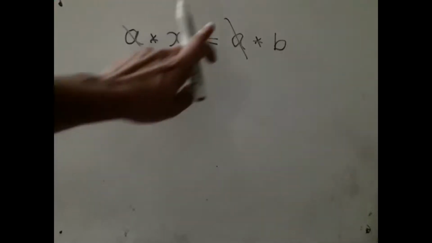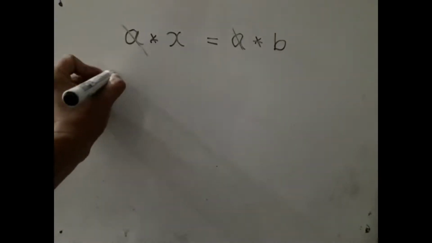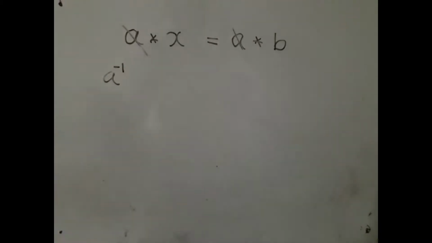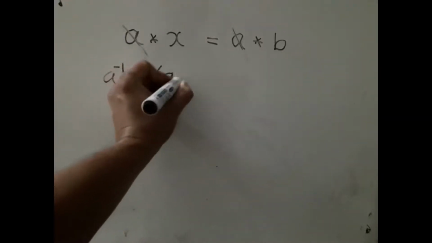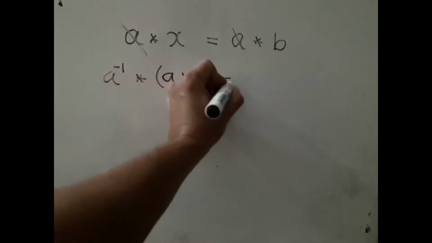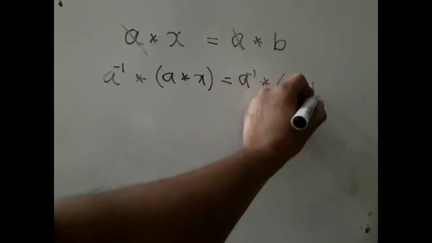And the exact justification behind that is this, that since a is an element of the group, as a result I have a inverse in the group. So I will pre-multiply, that is multiply from the left using this a inverse both sides. So I carry out this operation a inverse star a star x and a inverse star a star b.